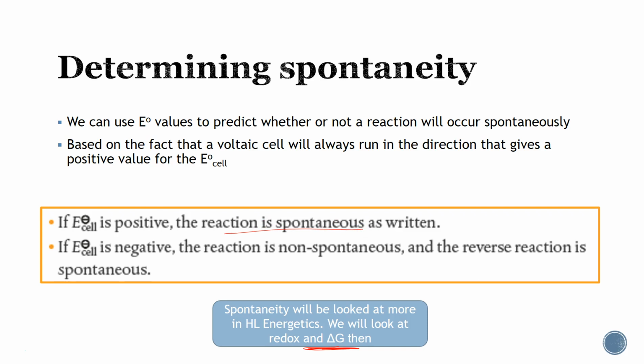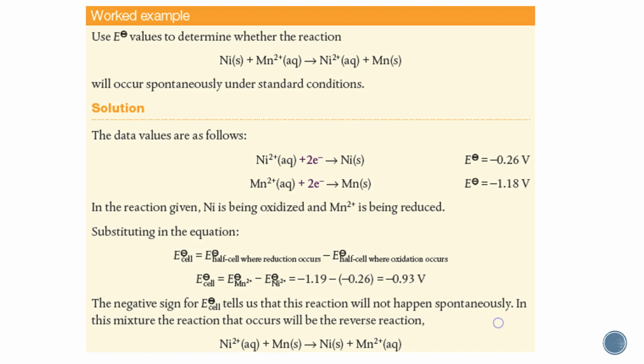Which means that in that case you have correctly identified the cathode and the anode, and that reaction will occur spontaneously. If it is negative, then it is a non-spontaneous reaction, and we would need to put energy in, i.e. electrolysis, in order to force that reaction to occur. So that's what we mean by spontaneity.